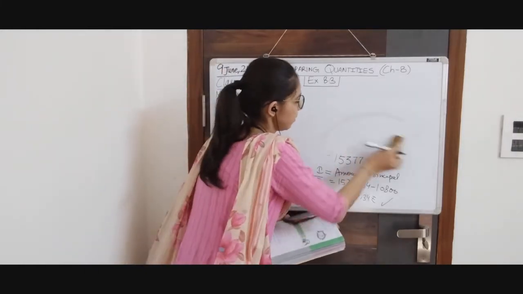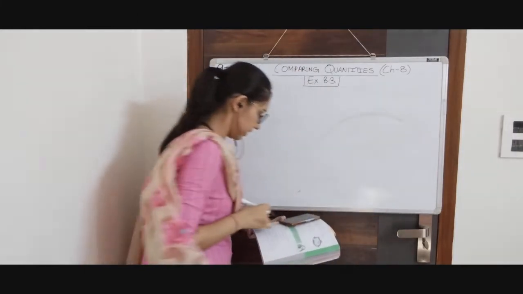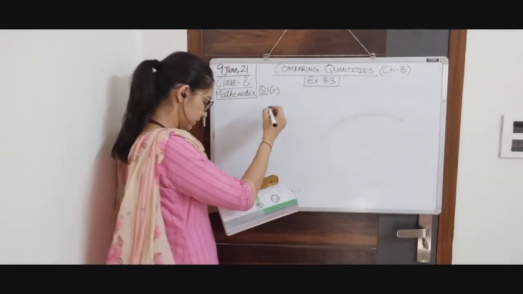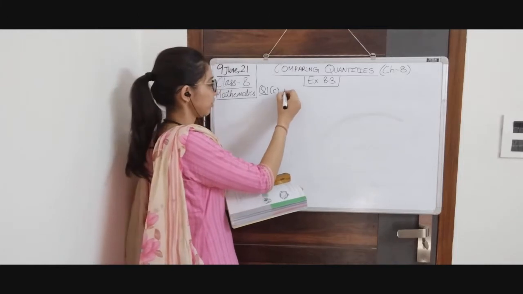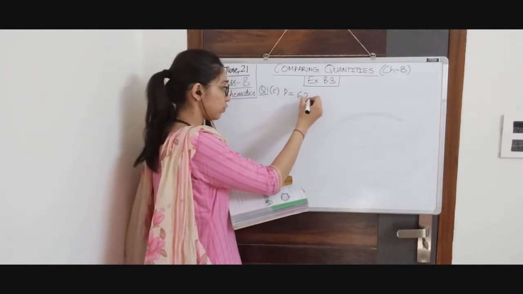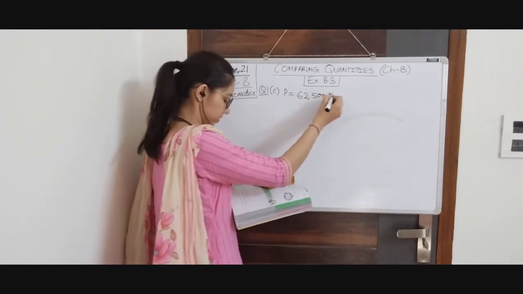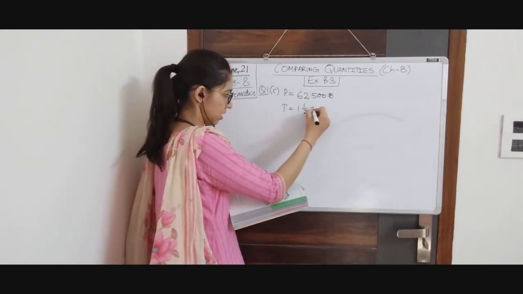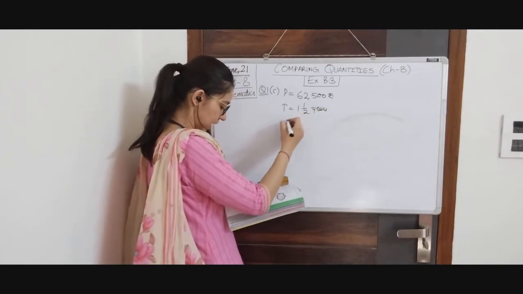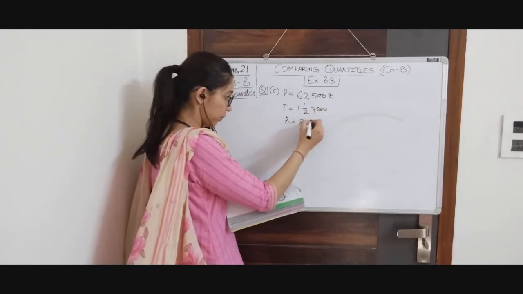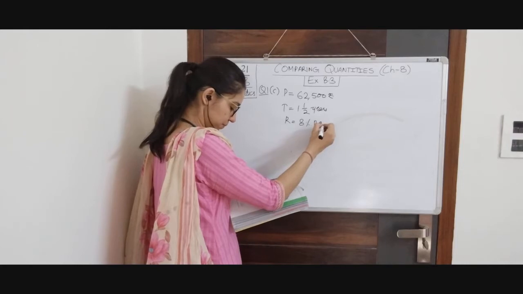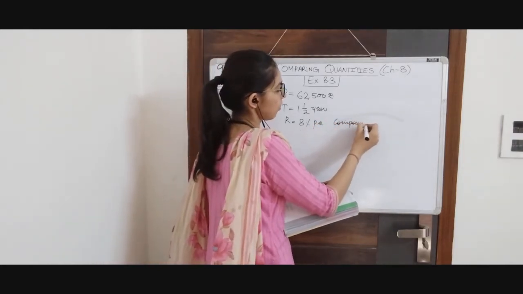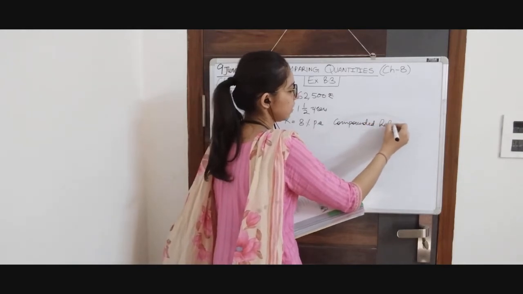We will be doing part C. In part C, we have to compound our interest half yearly. Your principal is 62,500 rupees. Your time is 1.5 years and your rate is 8% per annum compounded half yearly.